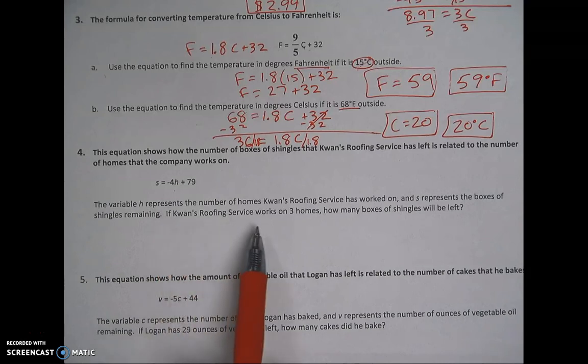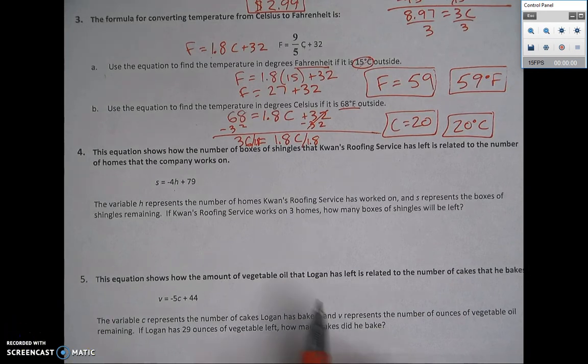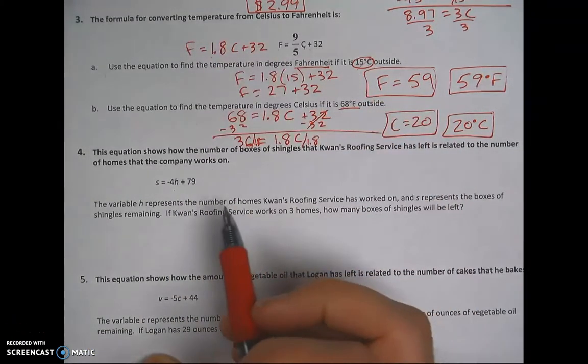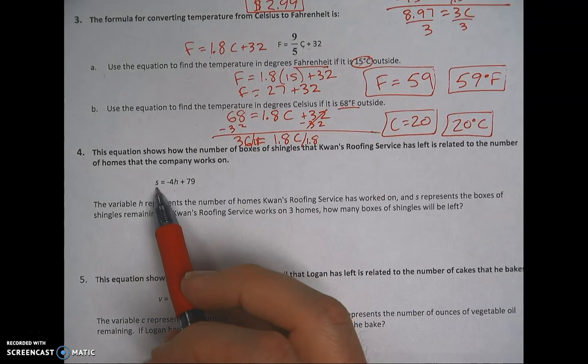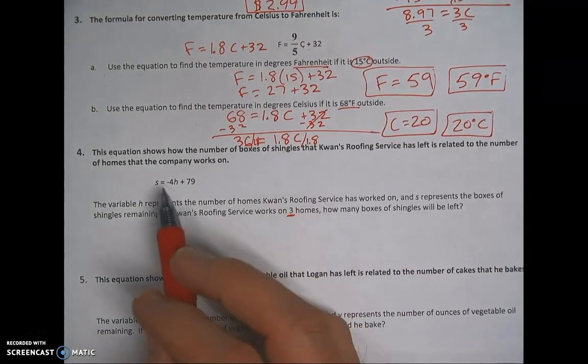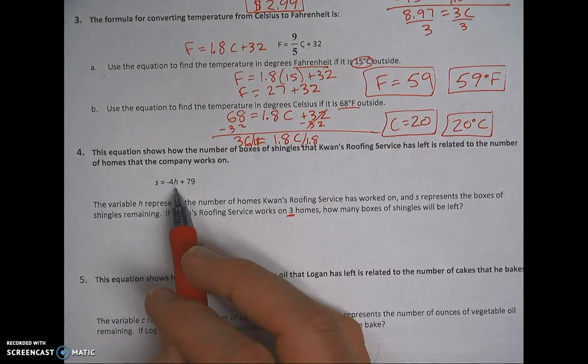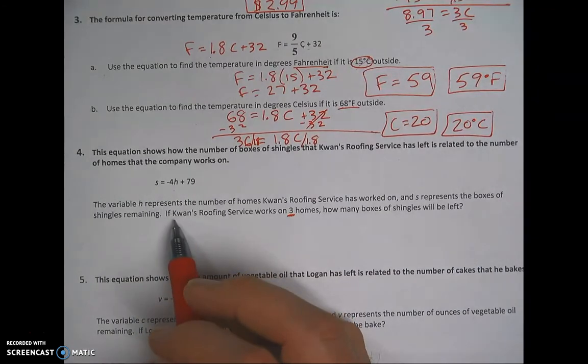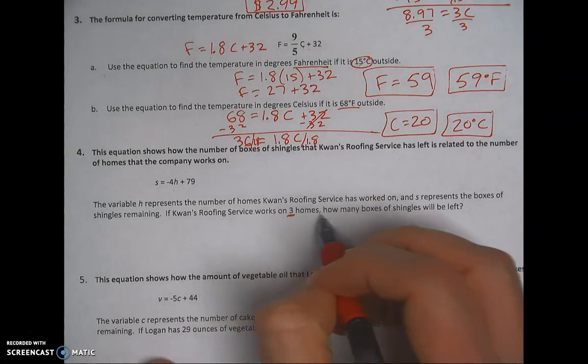All right, let's answer the question. If Quan's roofing service works on 3 homes, how many boxes of shingles will be left? So just like we did on the equations that we made, we just have to figure out, are we plugging in the number that's given to us, the 3, for S or for H? And then we're probably solving for the other one. So it says that he works on 3 homes.